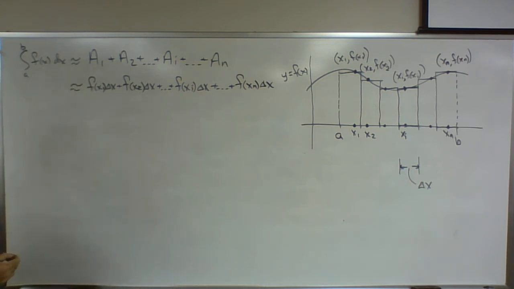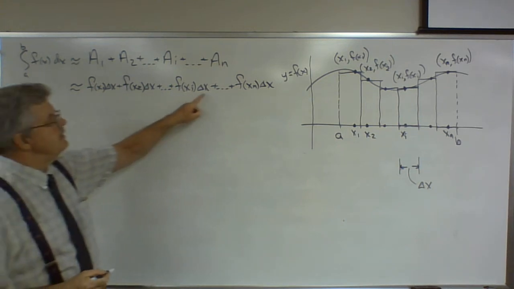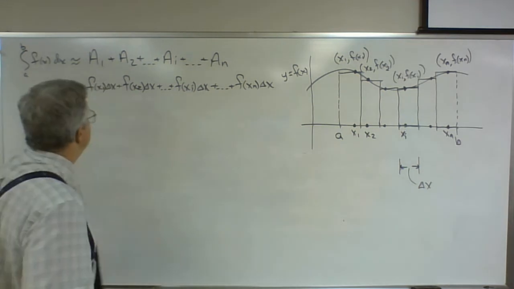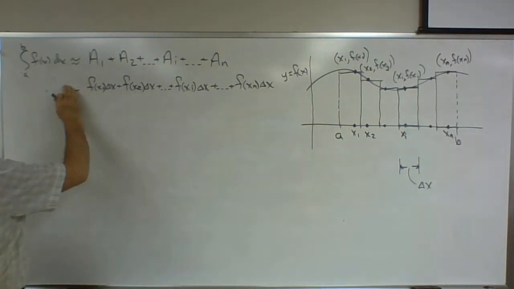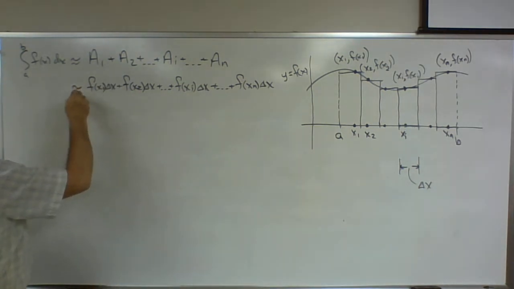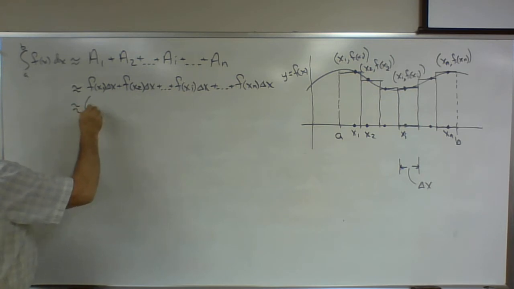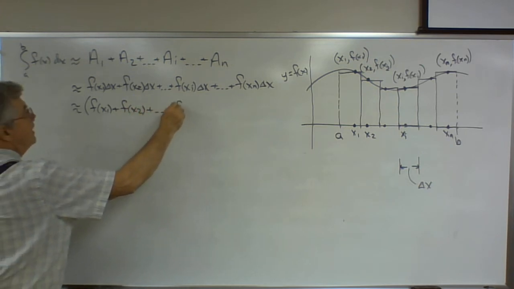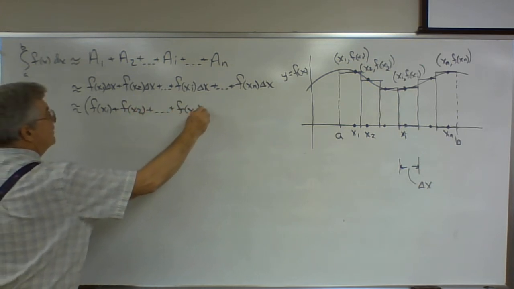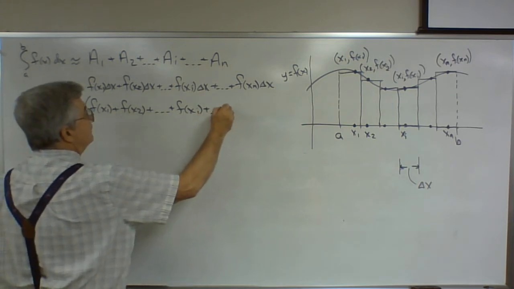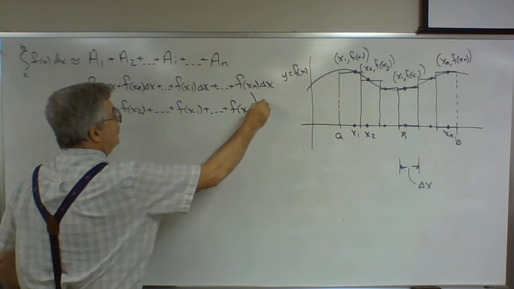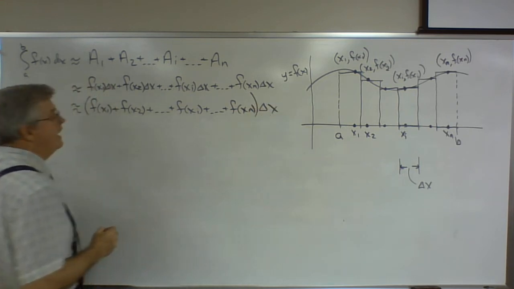And we said, you know what? There's a common factor in each of these terms, delta x. We can factor that out. So we have f of x sub 1 plus f of x sub 2 plus f of x sub i plus f of x sub n, whole thing times delta x.